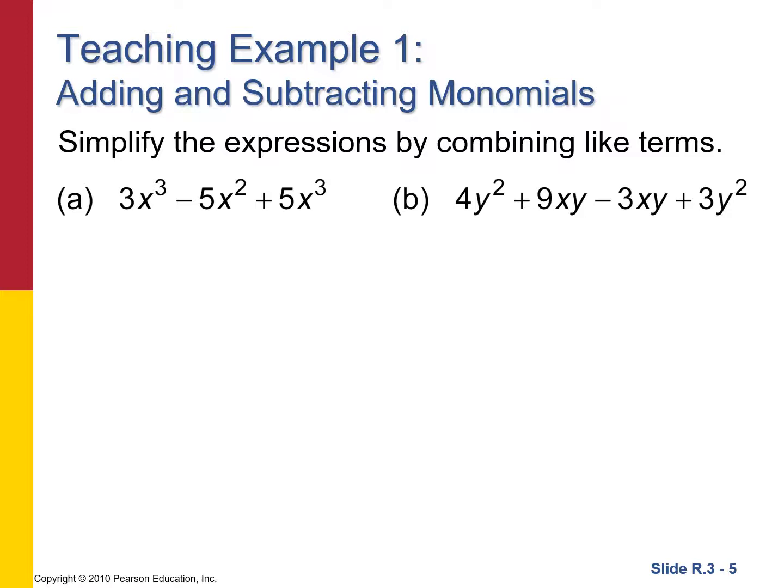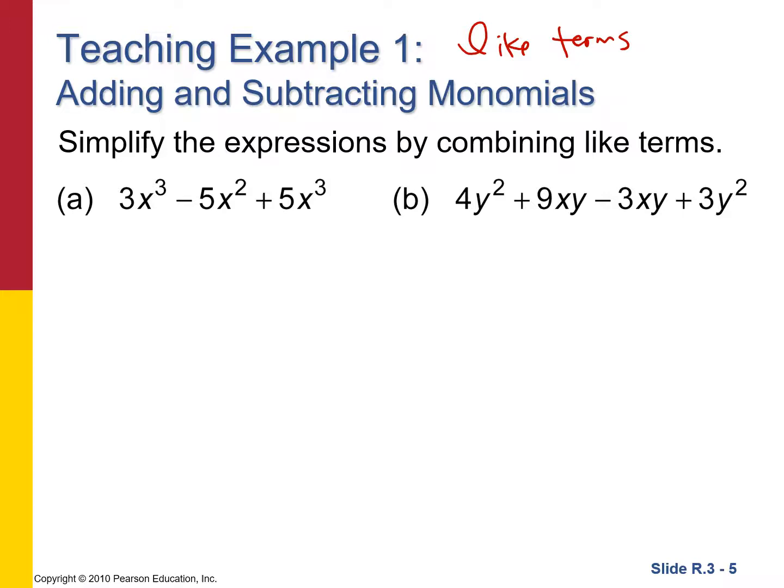All right, so in this first section, we are going to be focusing on adding and subtracting monomials. And the big thing here is we're going to look for like terms. Like terms means that the base is the same.